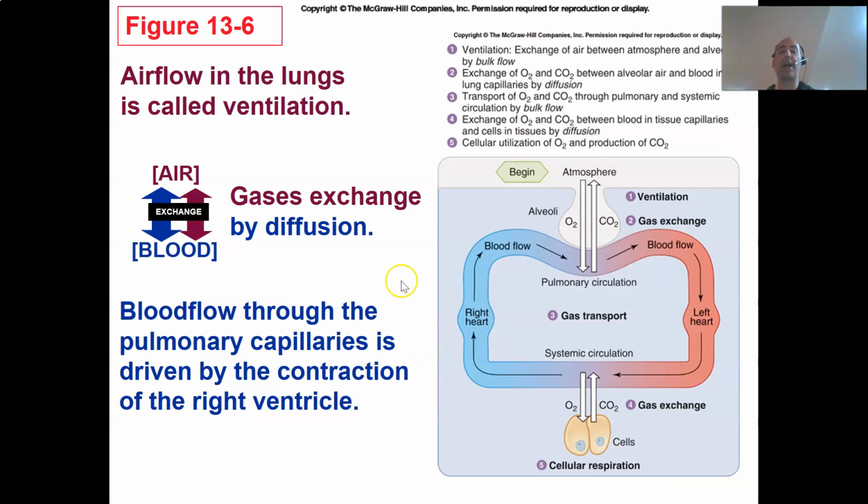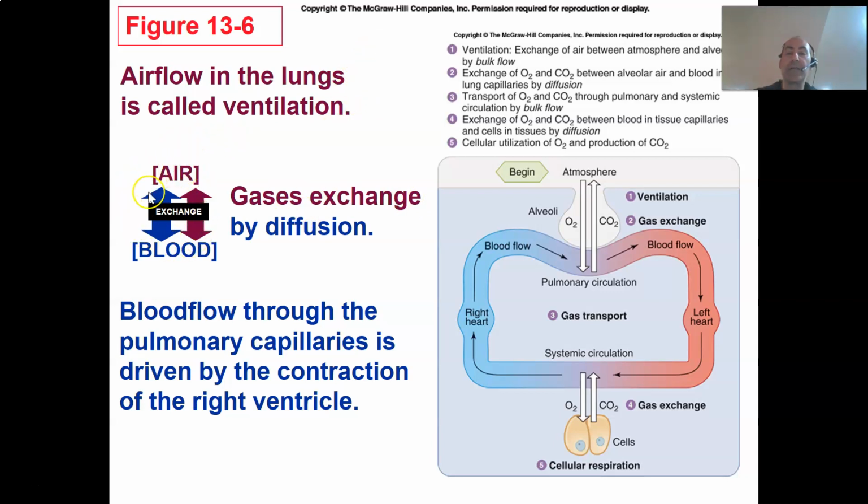This is a basic diagram here. It goes through ventilation, exchange of O2 and CO2, transport of CO2 and O2, exchange of O2 and CO2 at the cellular level, and then utilization. So airflow into the lungs is called ventilation.